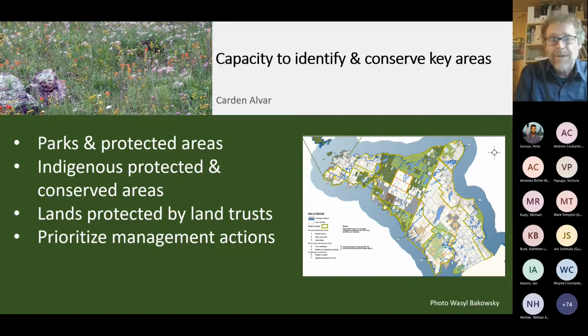Even within existing protected areas, such as Bruce Peninsula National Park, they can help guide management by identifying the species and ecosystems that are not just important for maintaining ecological integrity within the park, but are also critical for national and global biodiversity conservation goals. Key biodiversity areas may straddle park boundaries and support management actions in the greater park ecosystem.